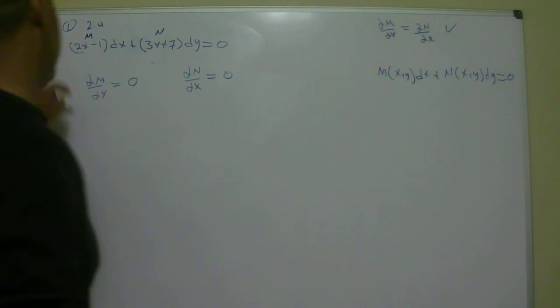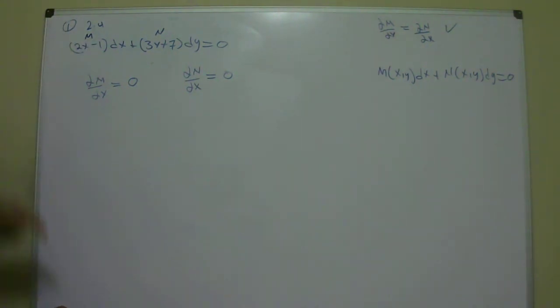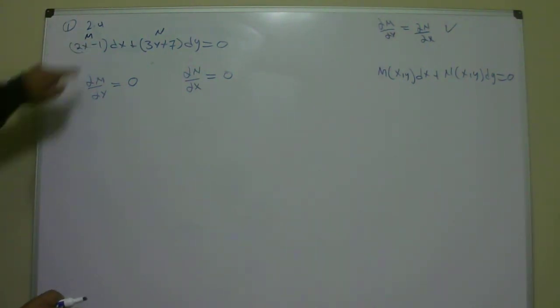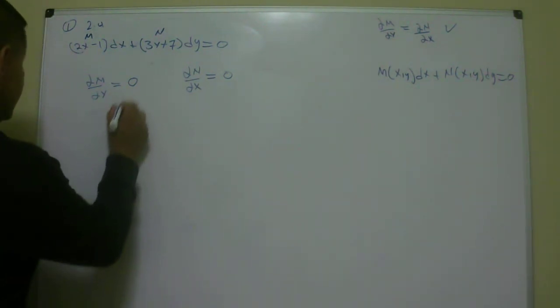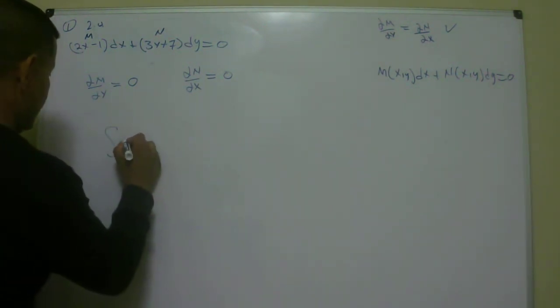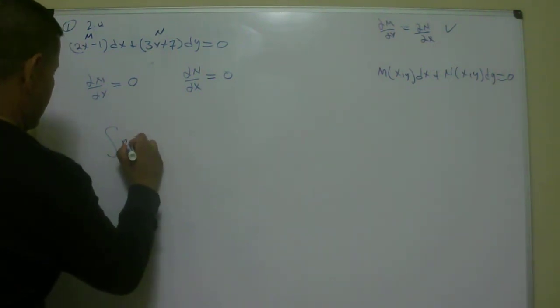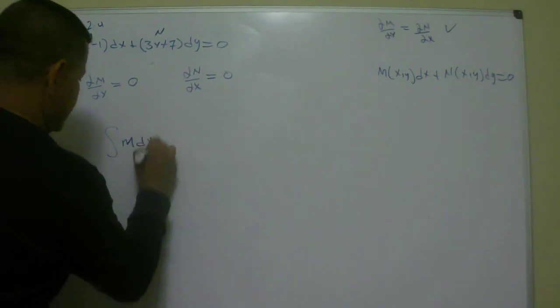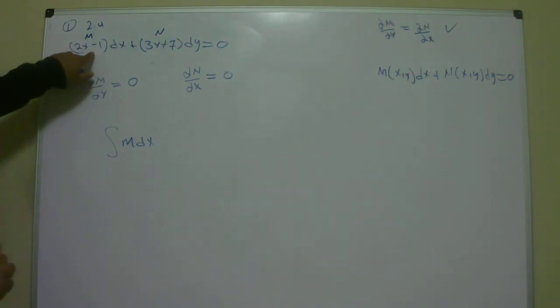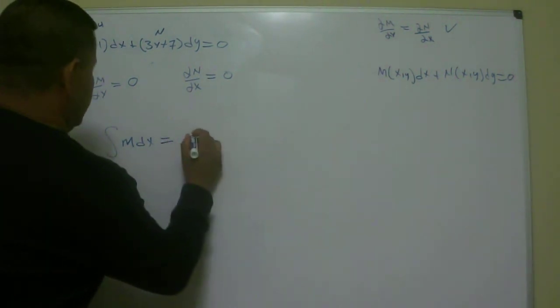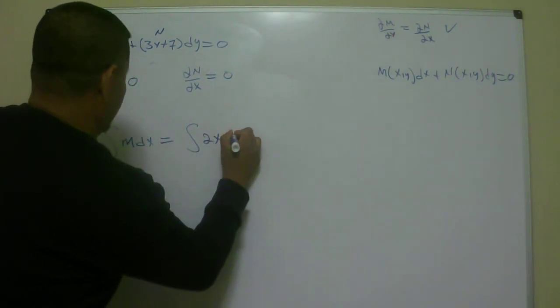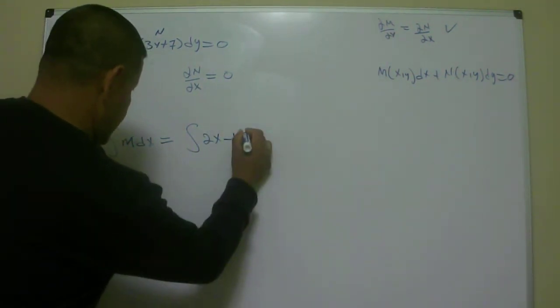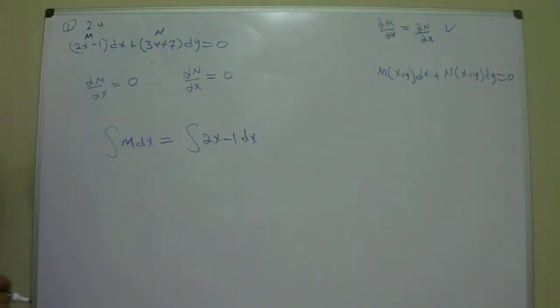So I'm going to pick M. I'm going to integrate M dx. Well, M is this, 2x minus 1, dx.